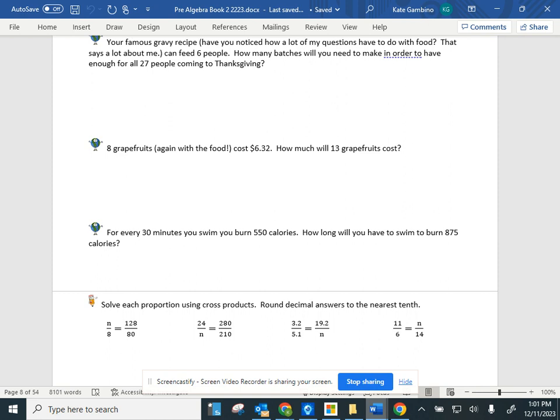So one batch is for 6 people. What is that proportion, that ratio? If one batch is for 6 people, how would I write that? James: 1/6. One batch, remember labels are important, for 6 people.